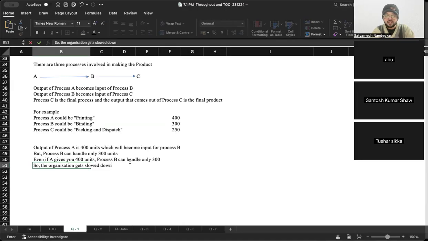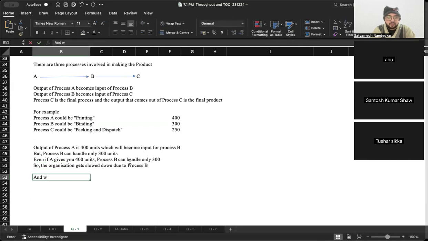The organization gets slowed down due to process B.